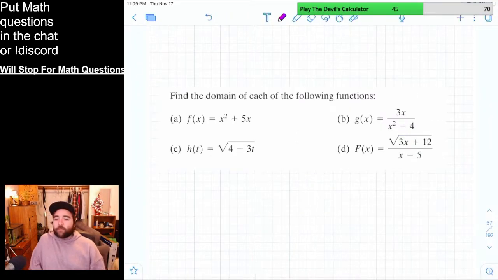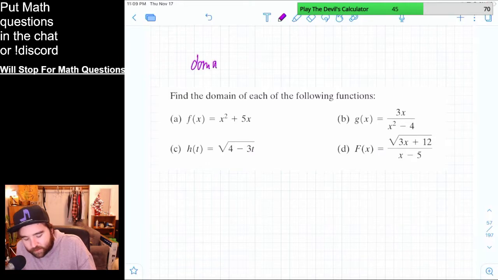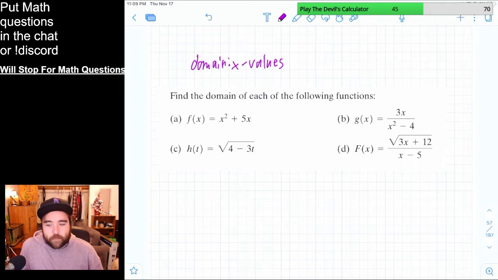So now we're talking about finding the domain for a function. Remember what the domain is. The domain is the x values, or the values you're allowed to plug into the function. But sometimes if you plug in a value, you'll get undefined, right? So the domain is all the x values where you plug them in and it will not be undefined.